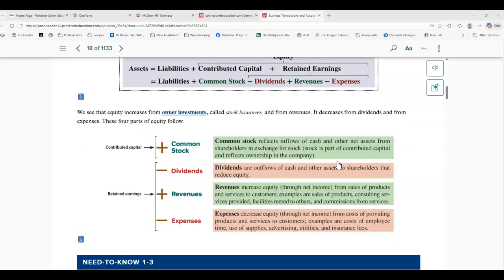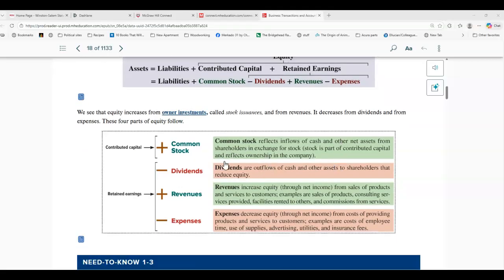Here's a good synopsis of those elements of the accounting equation. In equity, common stock is inflows of cash and other assets from shareholders in exchange for common stock. It's called contributed capital. It reflects ownership in the company.